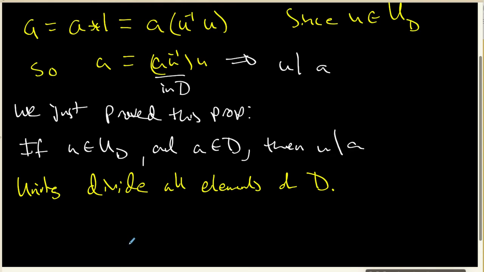There is another vocabulary word that I also want to introduce that is based on this idea that units divide everything, and it also ties something up together with this idea. So we're going to have one more new definition in this video.